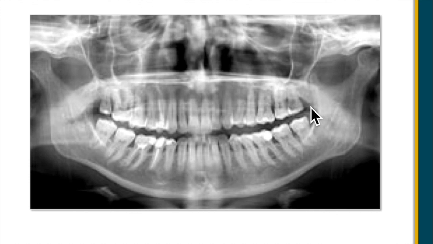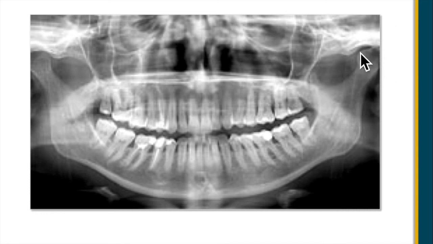Wisdom teeth are often misshapen. So this would be tooth number 16, so this would be 17, 18, 19, 20, 21, 22, 27, 28, 29, 30, 31, 32.